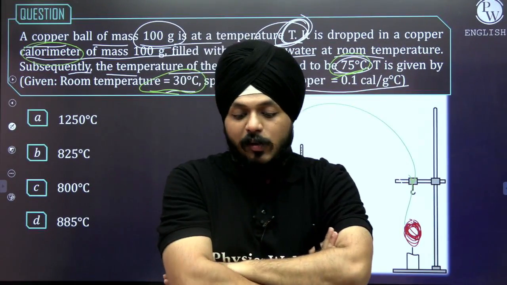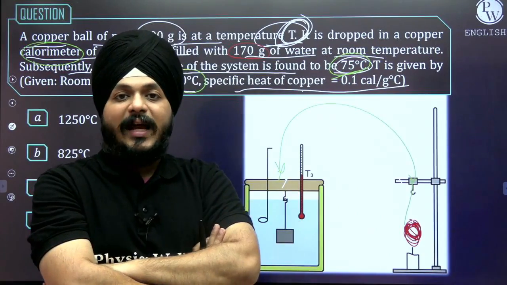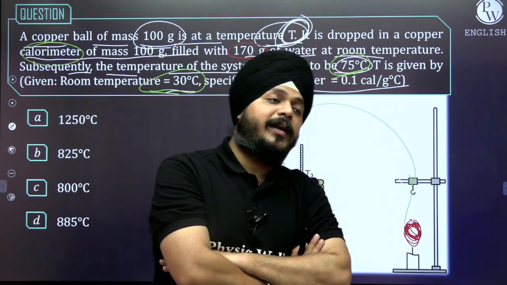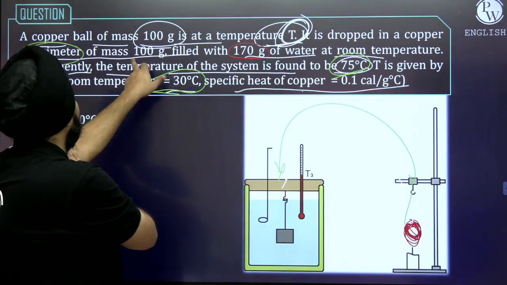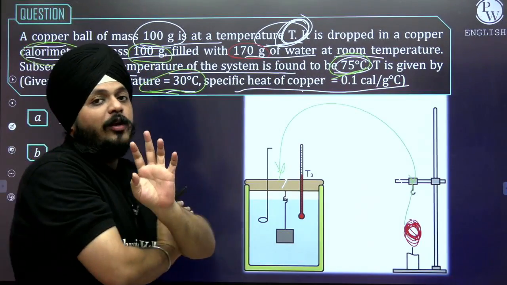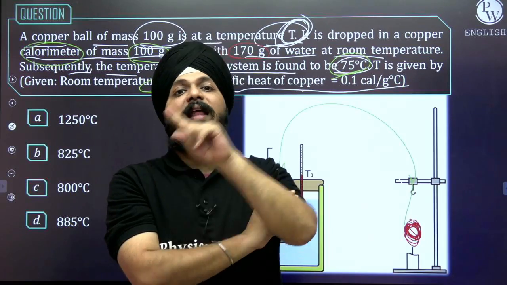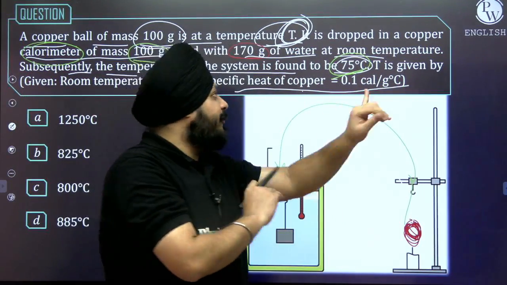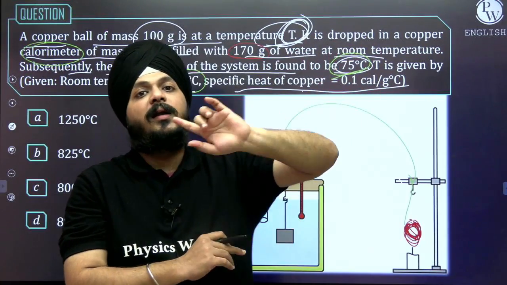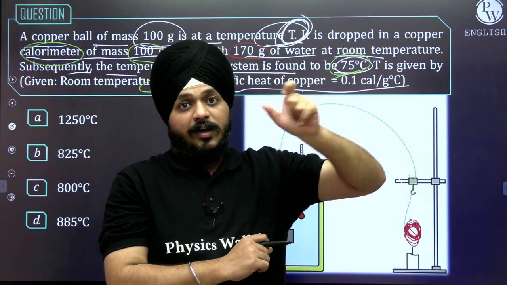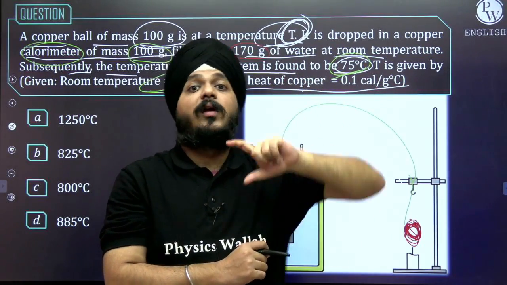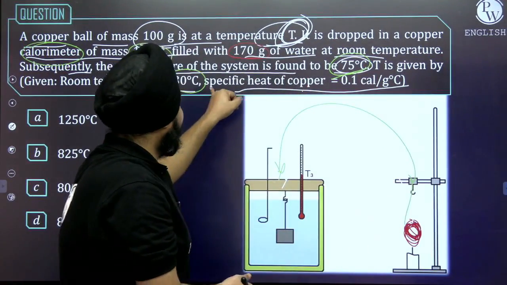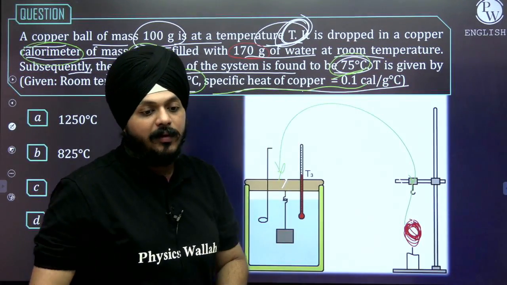You have already seen these kinds of terms. If the water equivalent of the calorimeter is given as a mass, then we have to take the specific heat of the calorimeter as equivalent to water. If the water equivalent is not used, then the specific heat of the calorimeter is used separately.